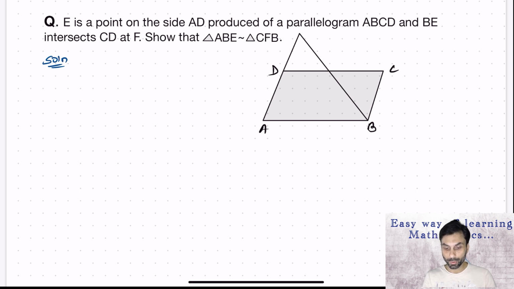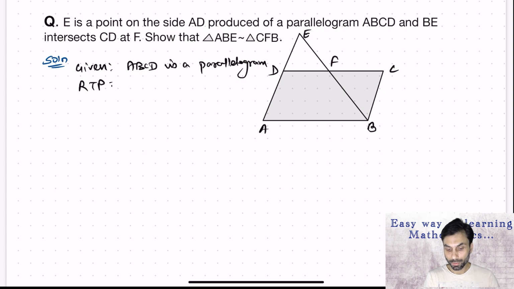The given part is ABCD is a parallelogram. We have to prove that triangle ABE is similar to triangle CFB.